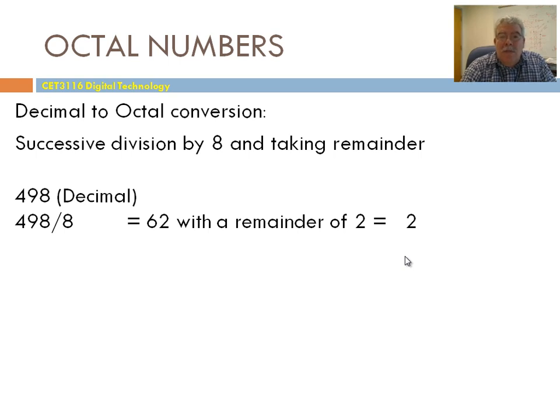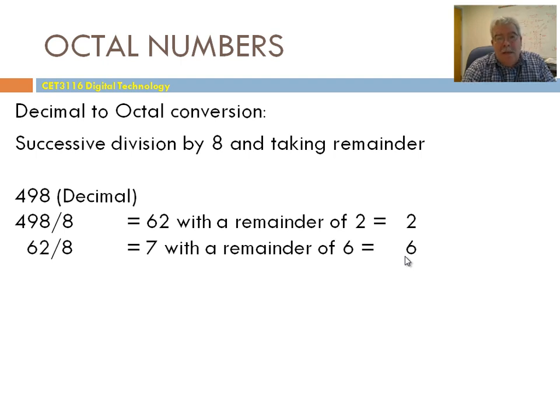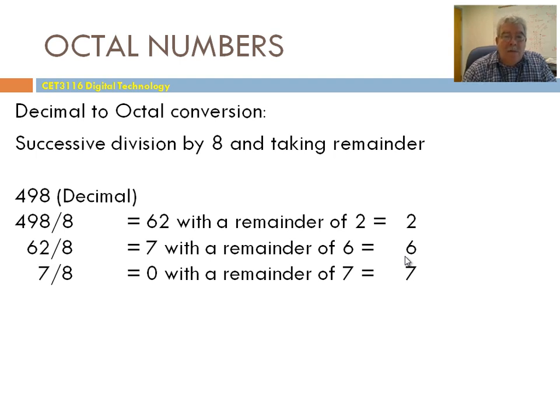The quotient is 62 with a remainder of 2. Then this 62 is divided by 8. The quotient is 7 and the remainder is 6. Then we divide the 7 by 8 and that stops because the quotient in this case is smaller than the radix.